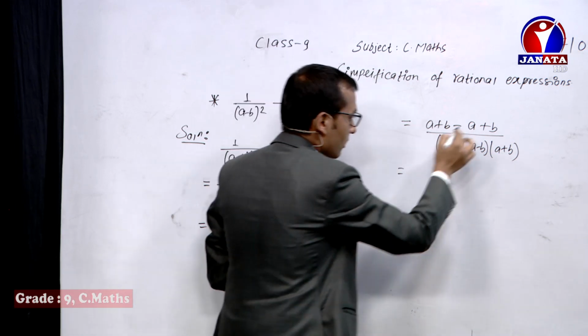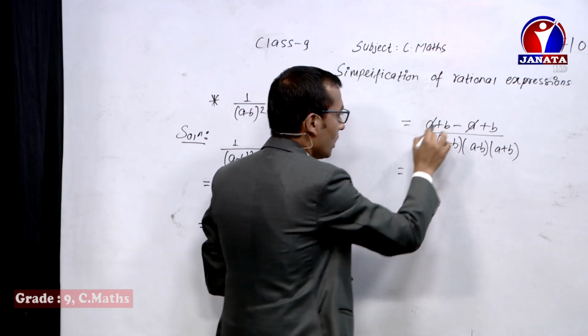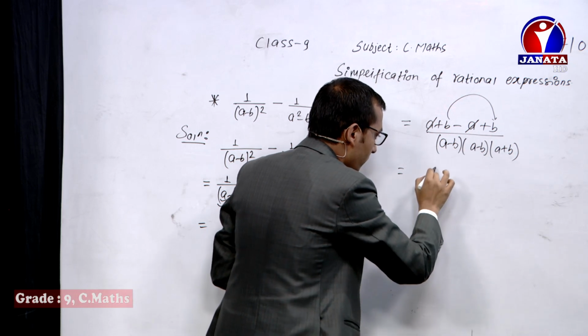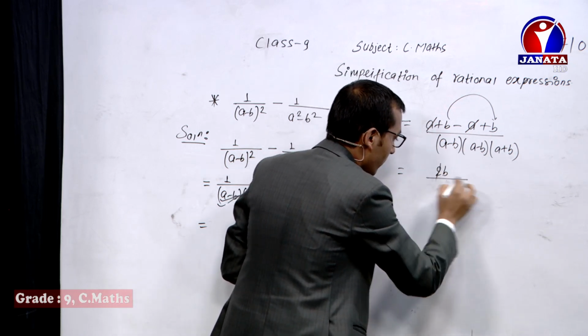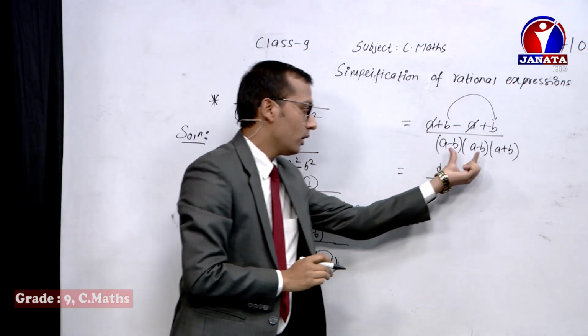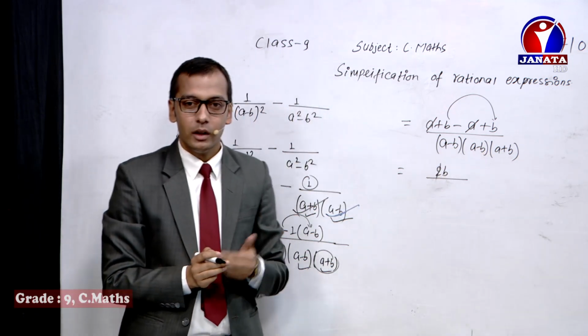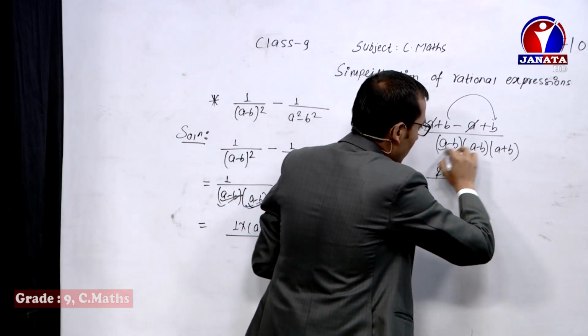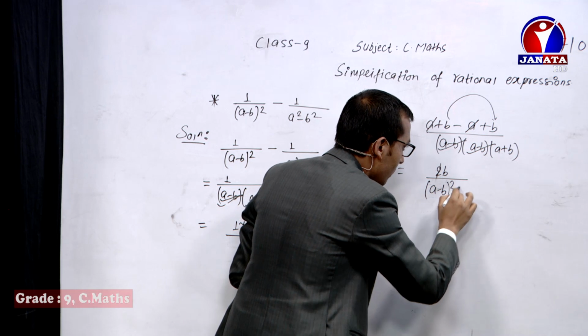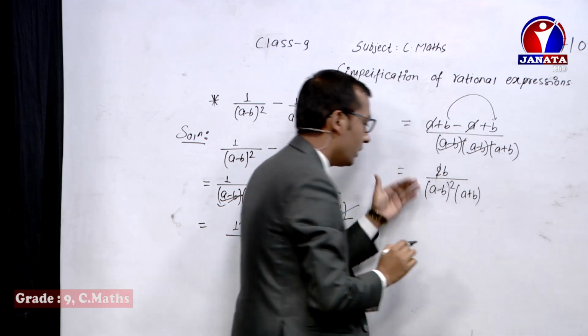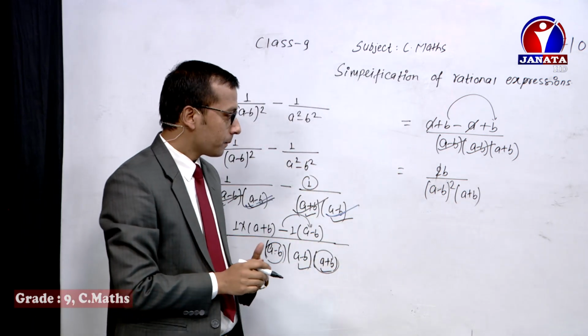So we can cancel a, negative and positive a. What is the sum of b plus b? This is 2b, twice of b, over, now we can combine these factors from the denominator. So a minus b times a minus b is a minus b whole square times a plus b. This is the simplest form.